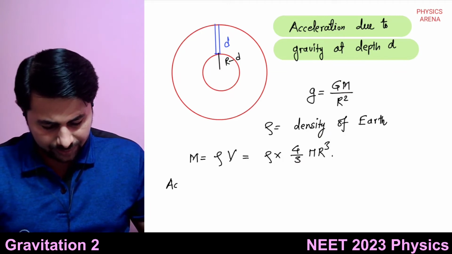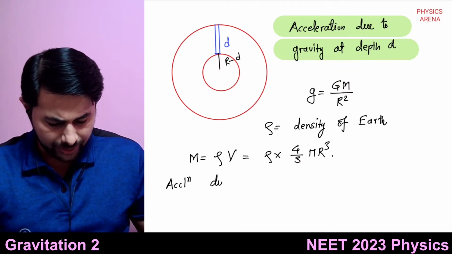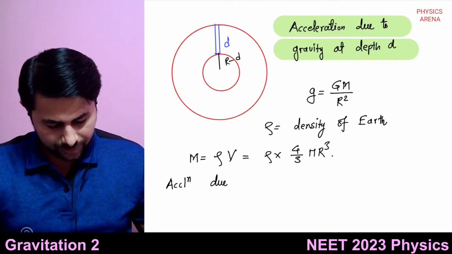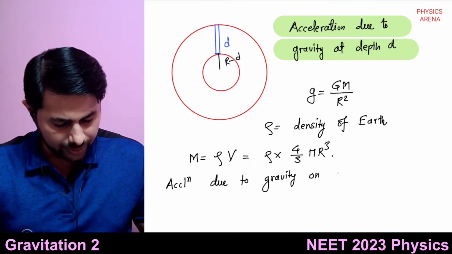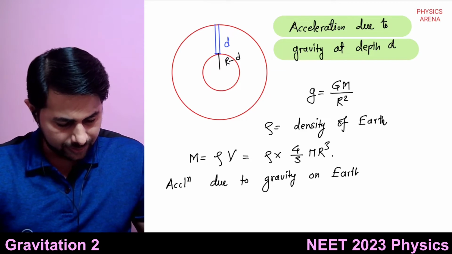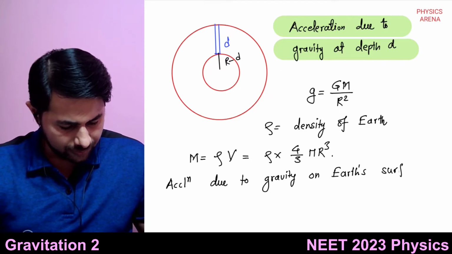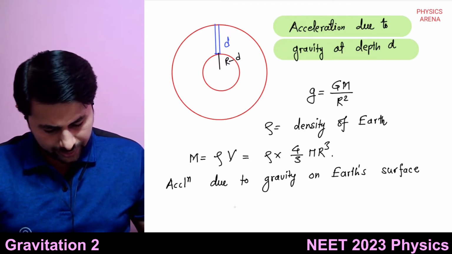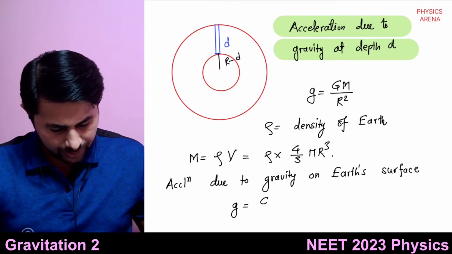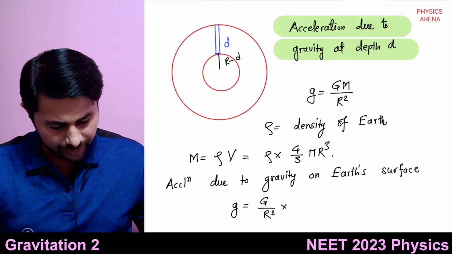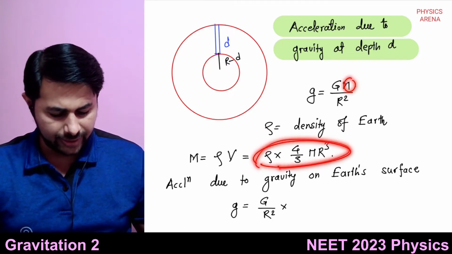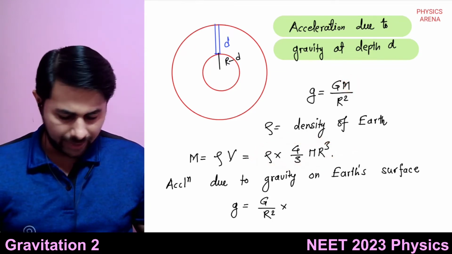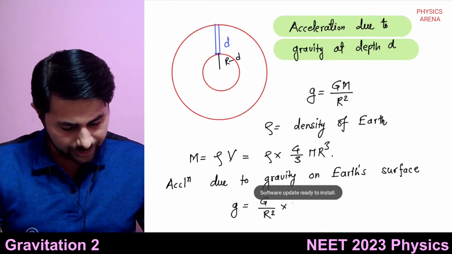The acceleration due to gravity on Earth's surface. g is equal to G upon R square multiplied by M, and M is rho multiplied by 4 by 3 pi r cube. So let's substitute that.